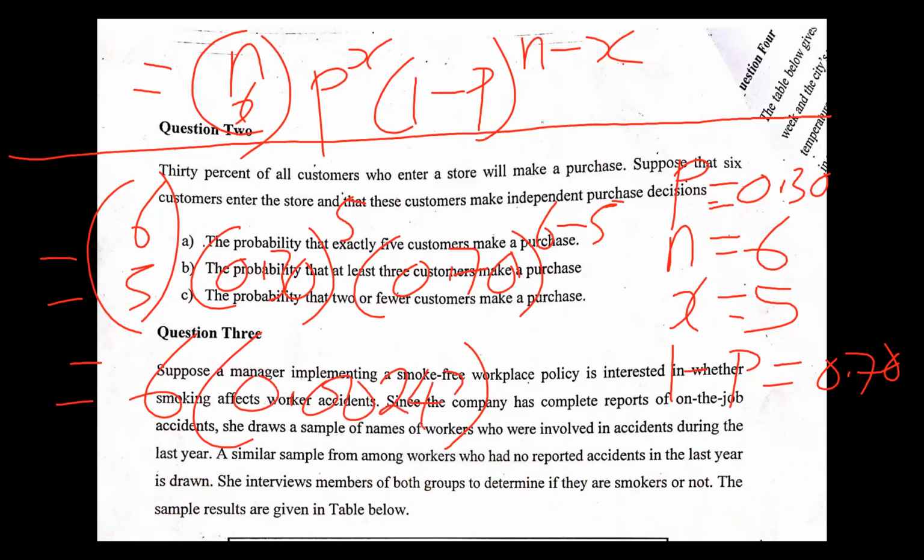What about the other one? 0.7 to the power 6 minus 5 is 1, so it's 0.7. Right? Then you can command your calculator to multiply all these things together, just multiply.